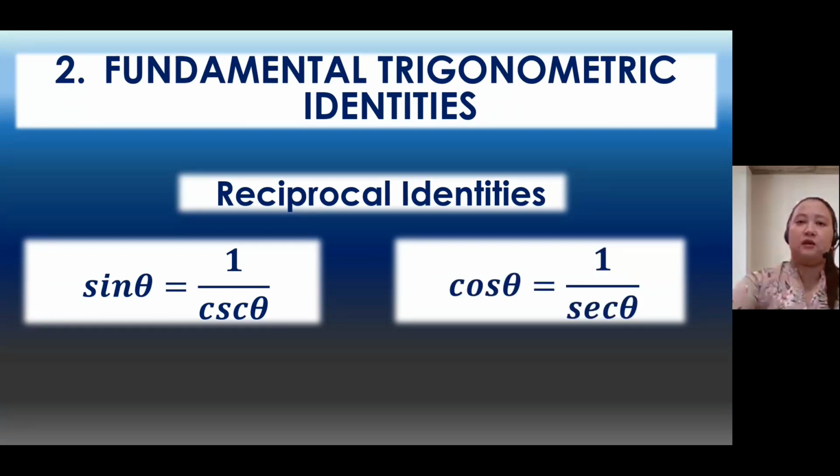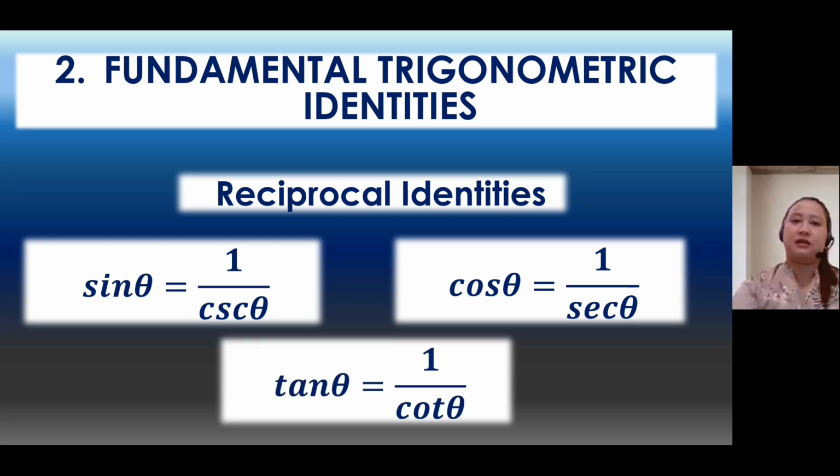Cosine theta equals 1 over secant theta. Then secant theta equals 1 over cosine theta. And then lastly, for the reciprocal, tangent theta equals 1 over cotangent theta. And also, cotangent theta equals 1 over tangent theta.